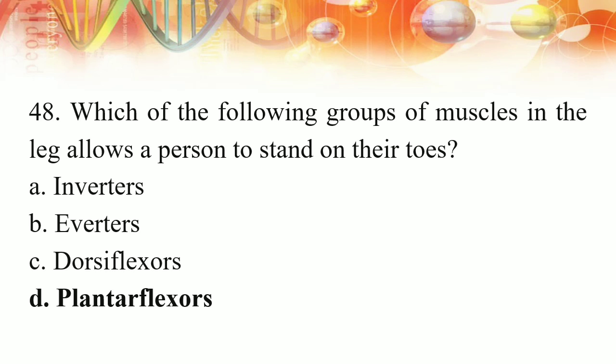Dorsiflexors are muscles that help the body clear the foot during swing phase and control plantar flexion of the foot on heel strike. Plantar flexors are used whenever you stand on the tips of your toes or point your toes. Clearly, the answer is plantar flexors.